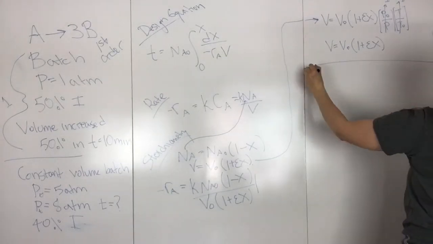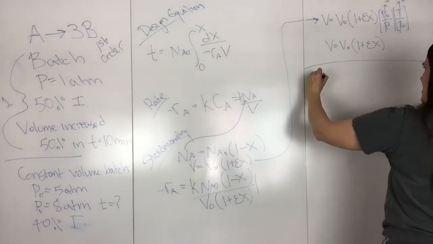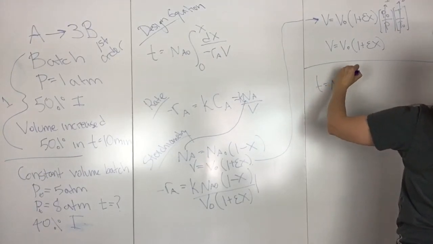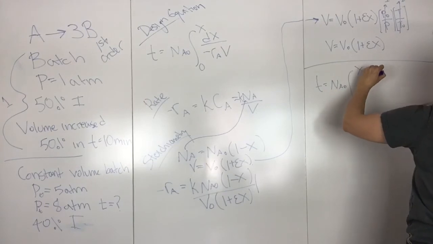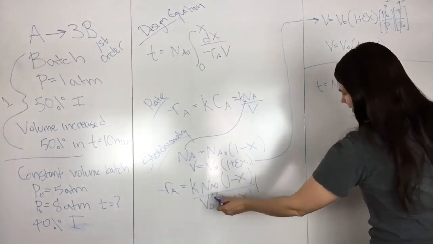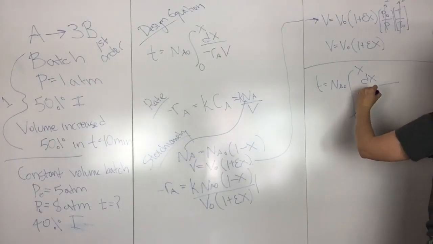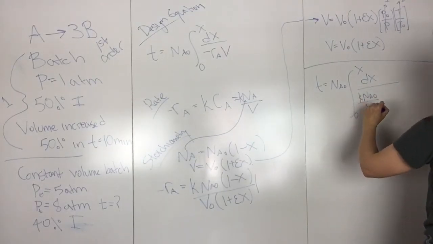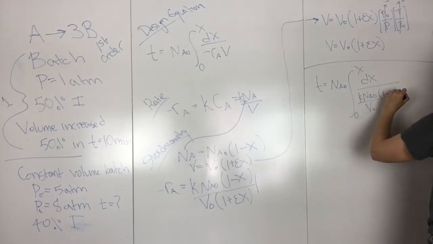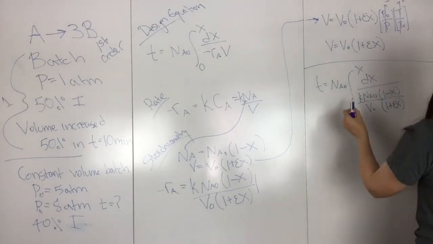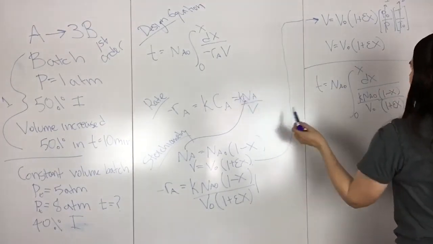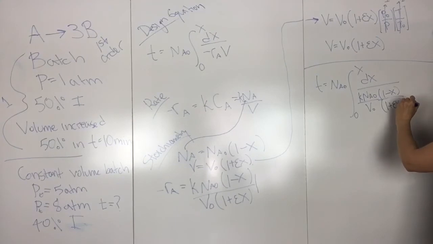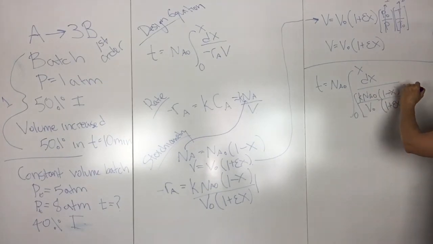So going back to the design equation, we have t equals Na naught, integral from 0 to x of dx over the rate, so we can plug in the rate, K Na naught over V naught (1 minus x) over (1 plus epsilon x), and then we also have V, so we need to plug in this equation for V. So this is multiplied by V naught (1 plus epsilon x).